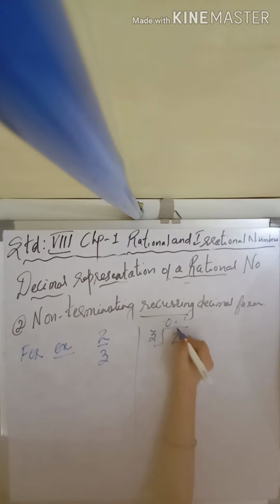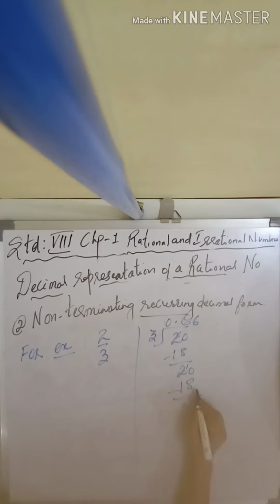Okay, so 0. Now 3 6s are 18. So again 2, 0, again 6, 18. That means again you are getting 2, 0, again 6, again 18. So children, you can see that one term, 6, is recurring. It's coming again and again, and you can see this division is not getting over.